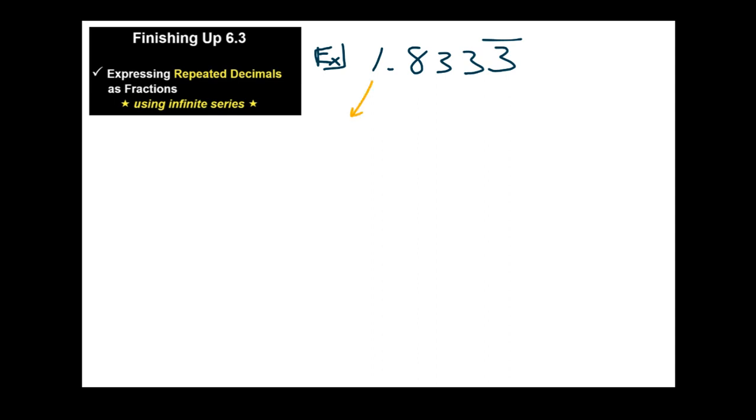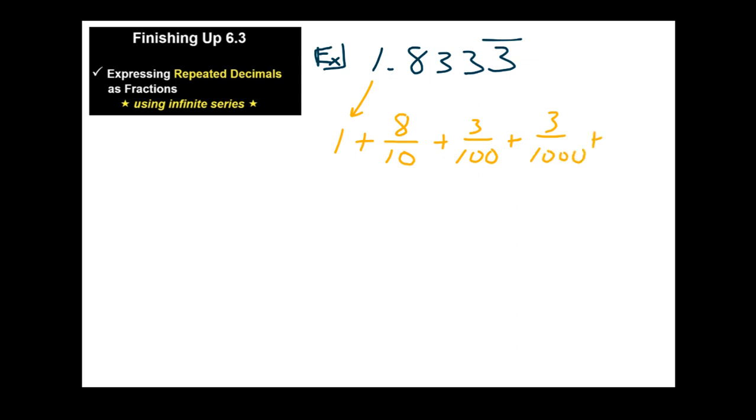Which means that so far, this problem, at least initially, can be described as 1 plus, I'm going to change that to a fraction, 1 plus 8 tenths plus 3 hundredths plus 3 thousandths.